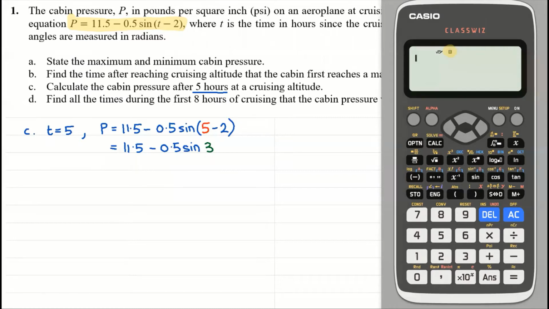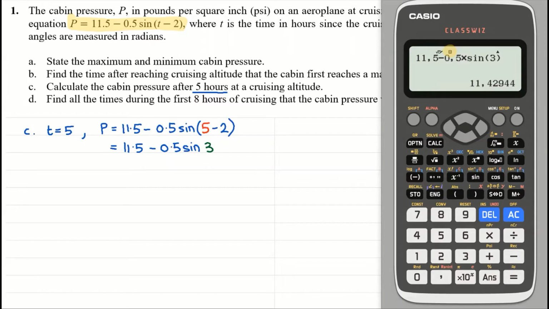And let's type it in. So we're going to have 11.5, do it all in one go, subtract 0.5 multiplied by the sine of 3, and then close your bracket. And that will give us 11.4. Now we just have to check, do we have to give this answer to any particular accuracy?